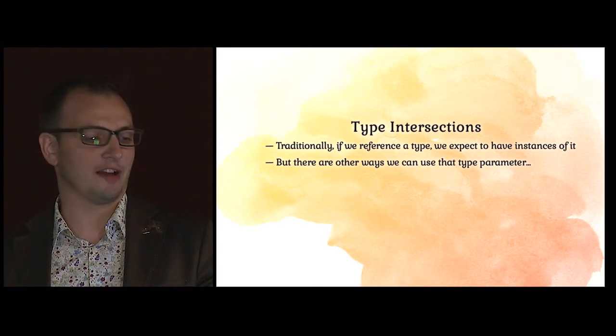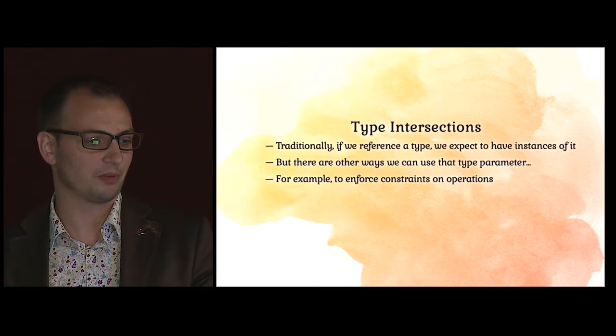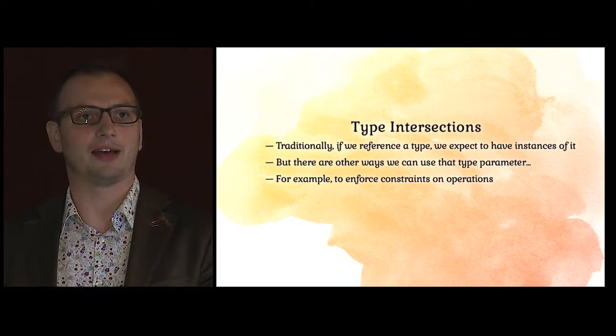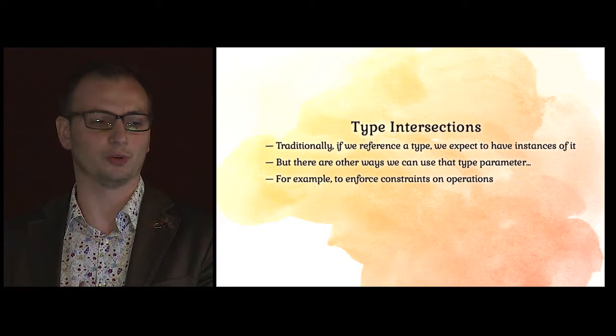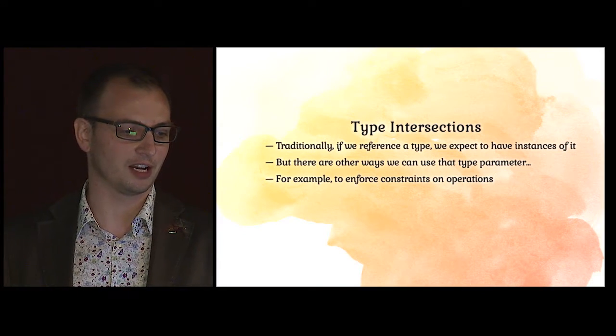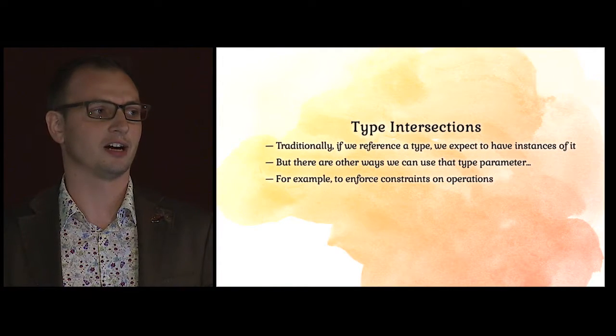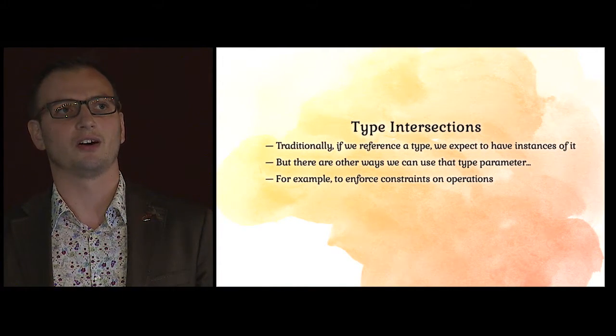It doesn't really have much meaning. So what we can do with those types, rather than ever have instances of them, rather than ever store values of that type, we can use that en with fr with de type as a constraint on operations.